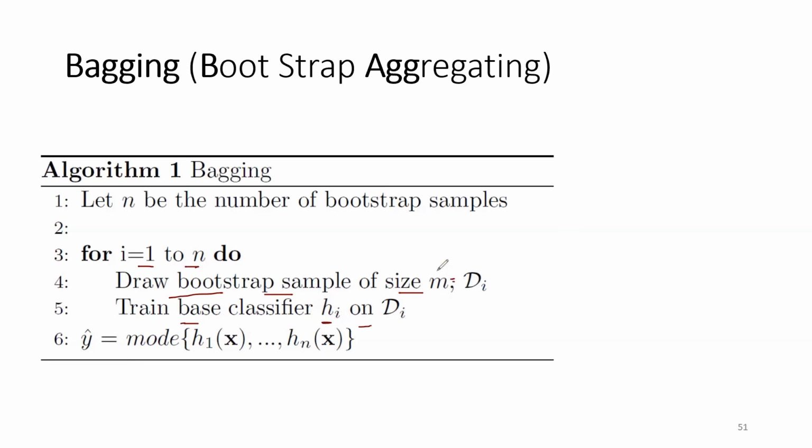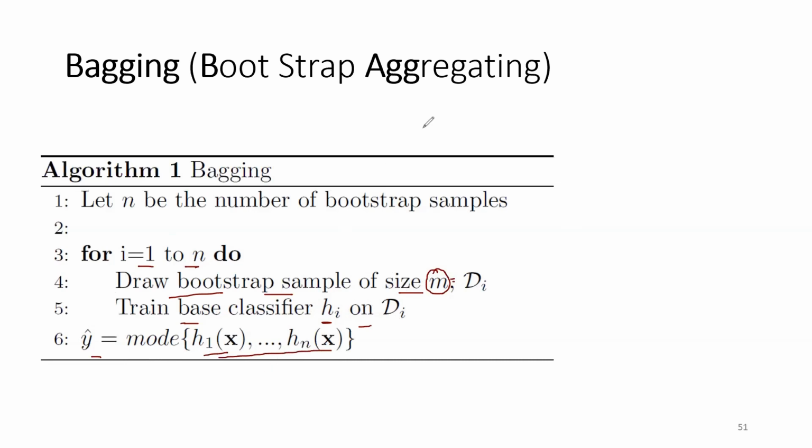Finally, y hat is equal to mode of h1(x) ... hn(x). Why h1(x) to hn(x)? Because we have multiple models in the ensemble technique.